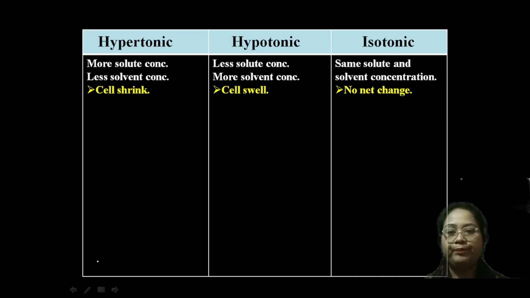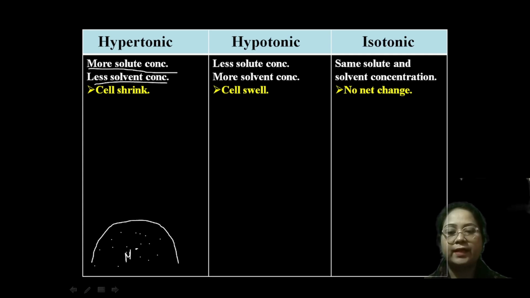Hypertonic, now say more solute concentration and less solvent. So hypertonic, that means, let me draw our semi-permeable membrane or the plasma membrane. Suppose this is the plasma membrane, and more solute concentration. Suppose the cell contains more solute. Okay, more solute.